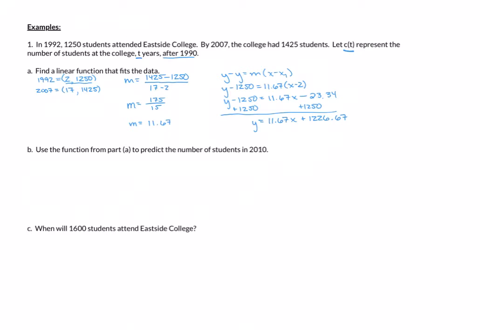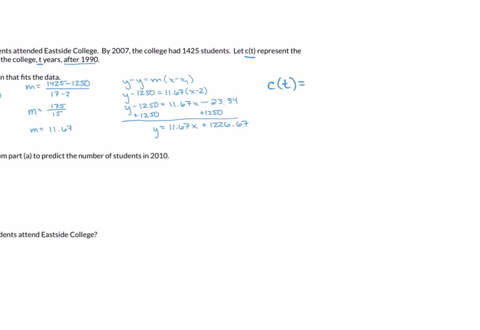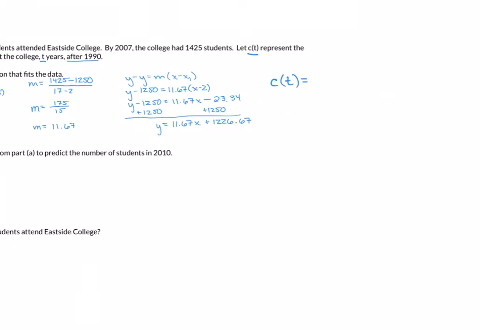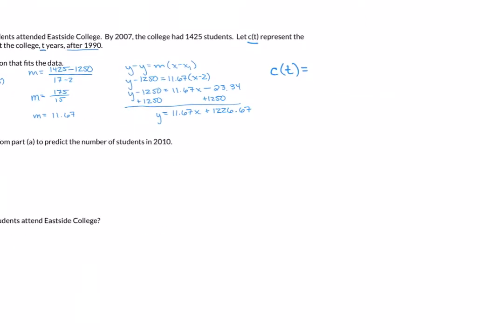So for instance, on this one, we should have C of t equals 11.67t plus 1226.67. This is now in function notation.